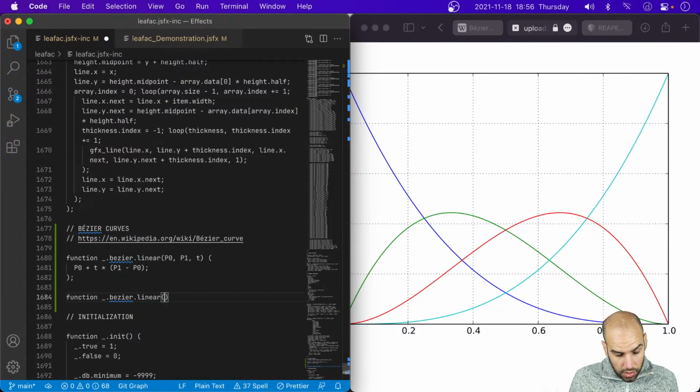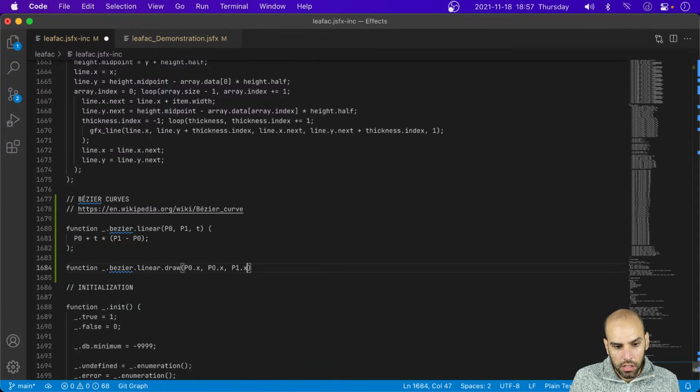All right. So now let's have another function that is going to be the draw function. And it is going to receive all the arguments to actually draw something on the screen. I'm going to move on with that.